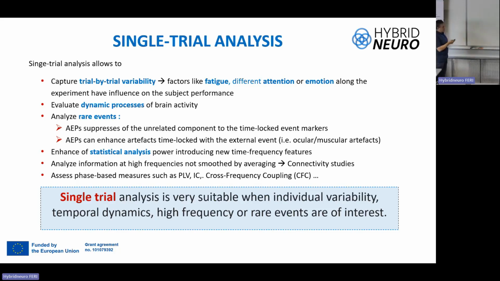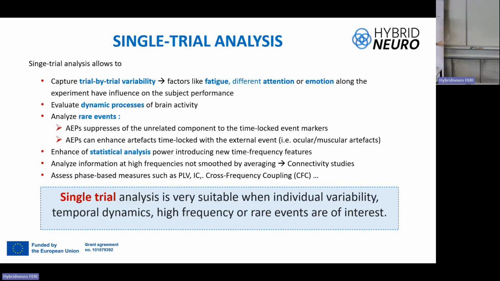And we can also obtain information from one trial or a single trial, okay? Also, single trial analysis is not affected by the number of repetitions because you don't need a lot of trials just to average all of them in order to have a nice potential.